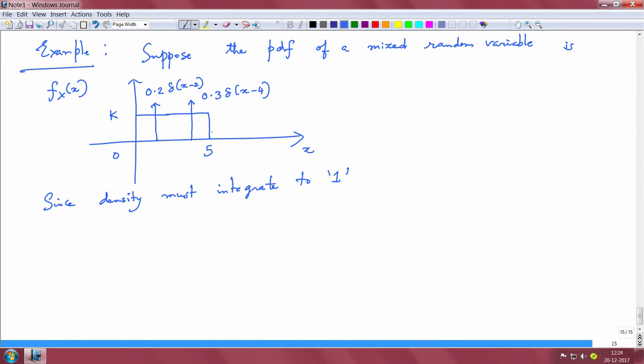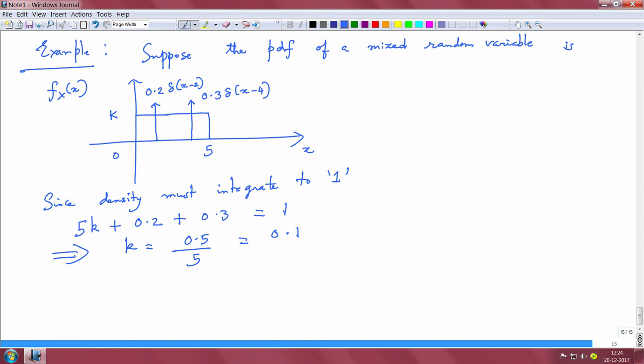This is the area of this rectangle, which is 5k, 5 is the base and k is the height, plus you have a mass of 0.2 at 2, and another mass of 0.3 at x equals 4. So, this must sum to 1. This implies k is 0.5 upon 5, which is 0.1.